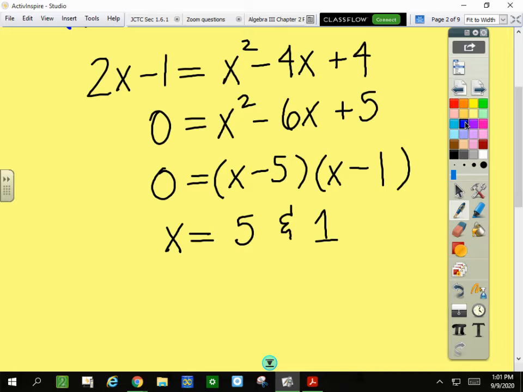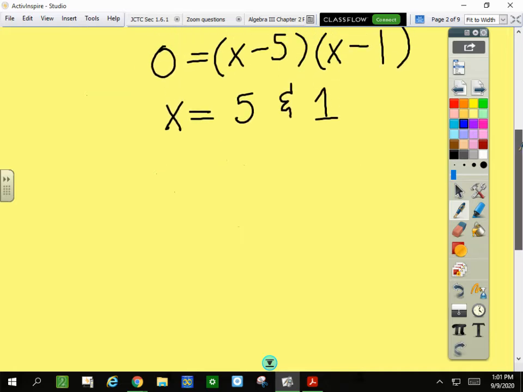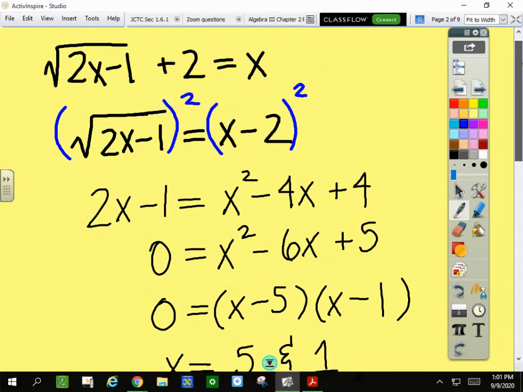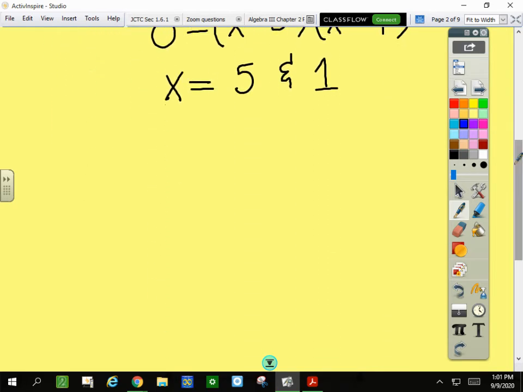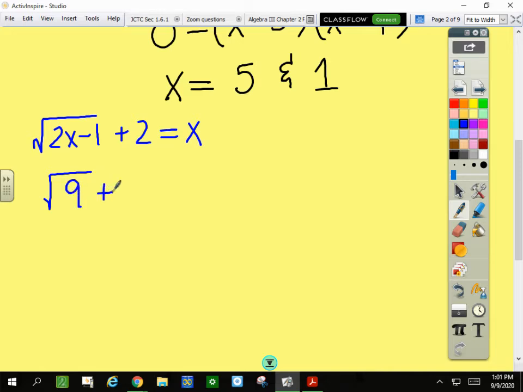We need to check for extraneous solutions though. And I'm going to need to go back to the original to do that. 2x minus 1 plus 2 equals x. And I'm going to copy that down here. Okay, so if we plug in 5, we would get what? 10 minus 1, we have 9. So we'd have 3 plus 2 is 5.